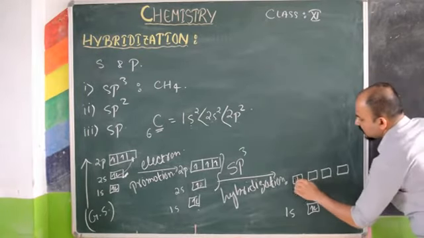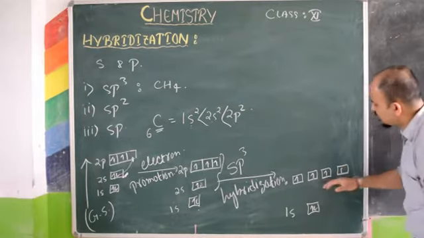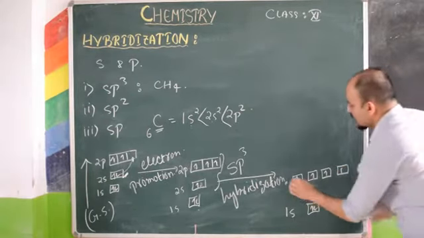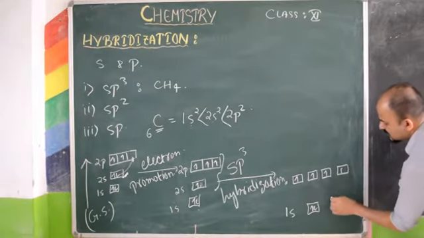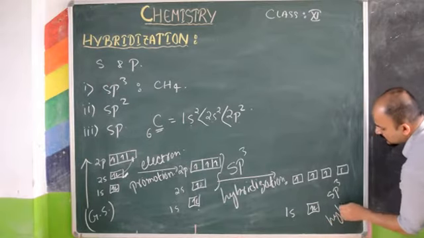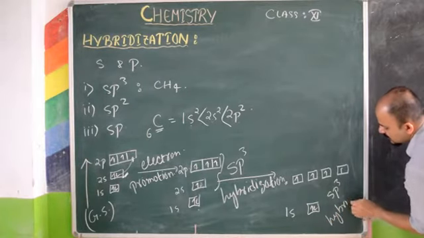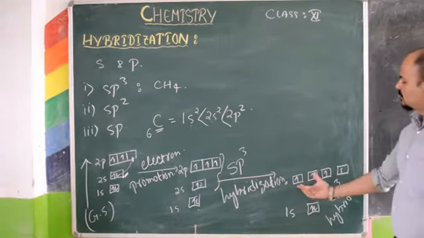These have similar energy and similar shape. These are hybridized orbitals, known as sp3 hybrid orbitals. Can you see that?